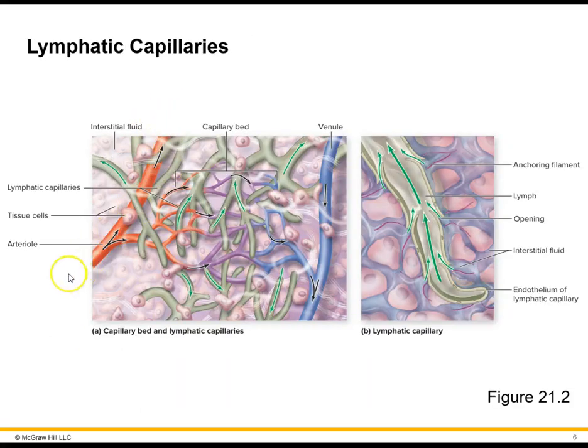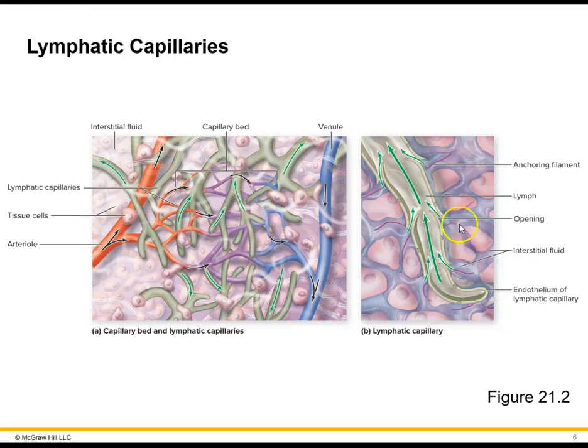Okay, so here you can see an arteriole feeding a capillary bed, and here you can see these closed-ended lymphatic capillaries that are intimately intertwined throughout these capillaries and allow that interstitial fluid to be drawn into them.